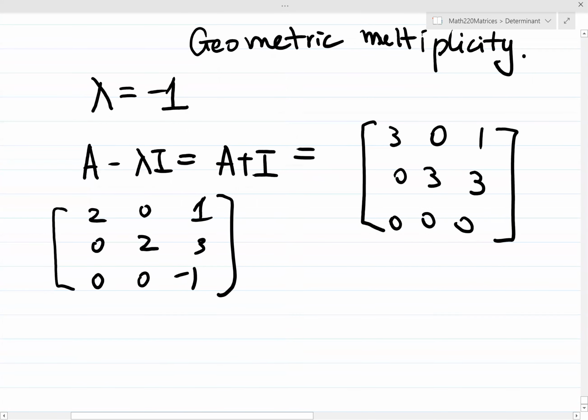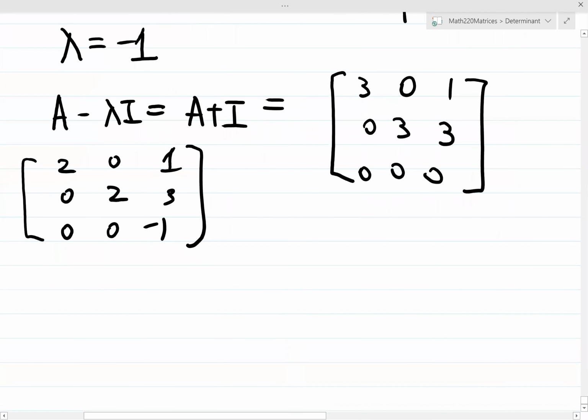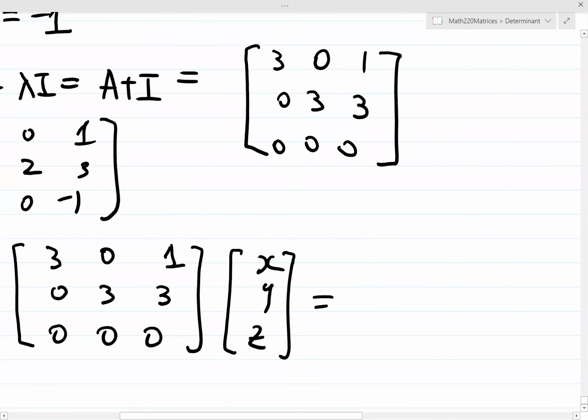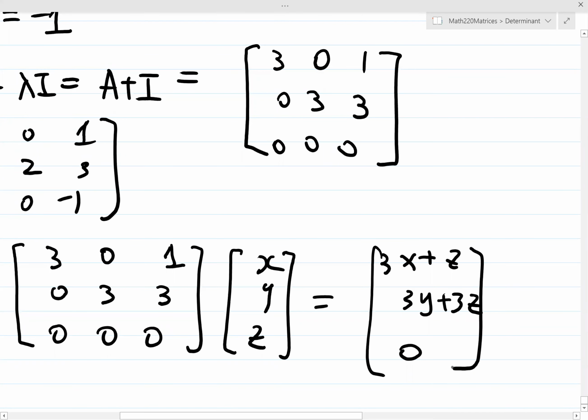We want to solve this linear system. The rank here is easily seen to be 2. Multiplying by x, y, z, we get 3x plus z in the first component, 3y plus 3z in the second, and 0 in the third.